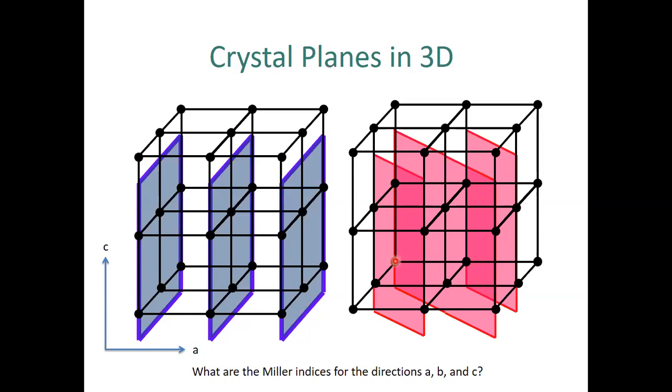So therefore, K will also be 1. So now what about L? Well, L is associated with the C direction, and you see that this plane contains the C direction. So therefore, the index will be again 0. So overall, that family of lattice planes is associated with the indices 1, 1, 0.